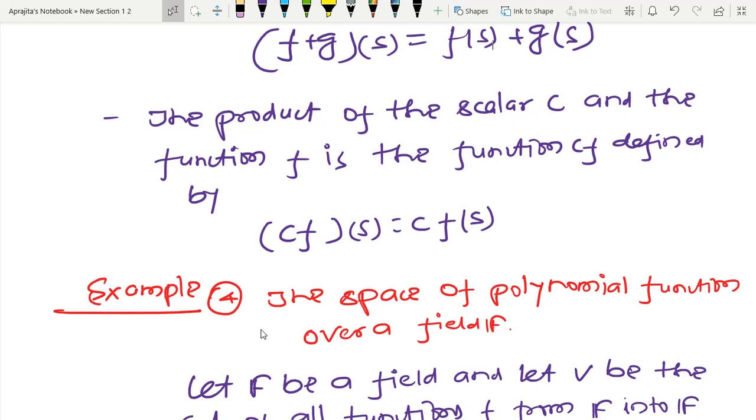After that I have the space of m cross n matrix. After that a space of function from a set to a field. After that a space of polynomial function over a field, and these all are the examples of the vector space.